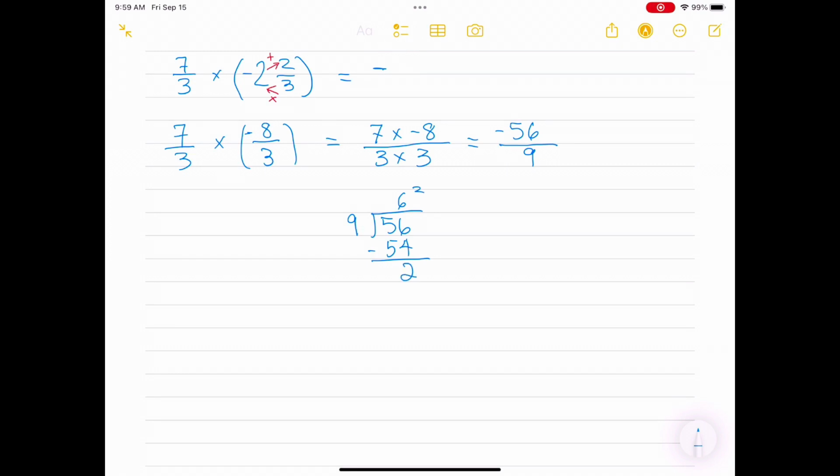I write that on top with the answer of negative 6 and 2 ninths. And I box the answer.